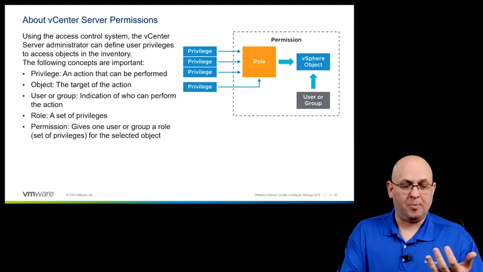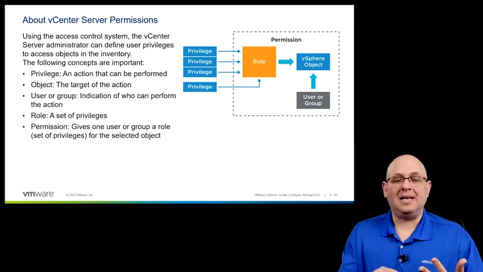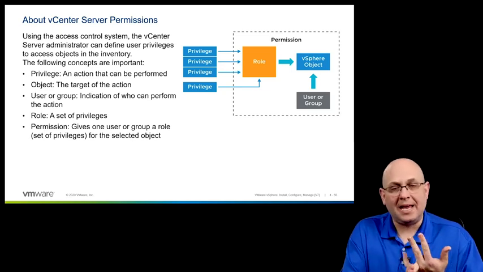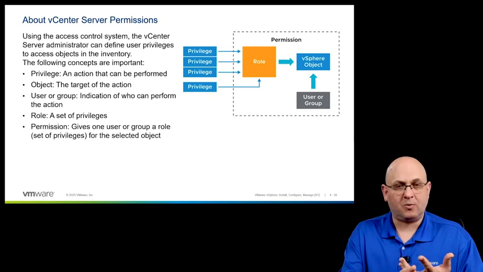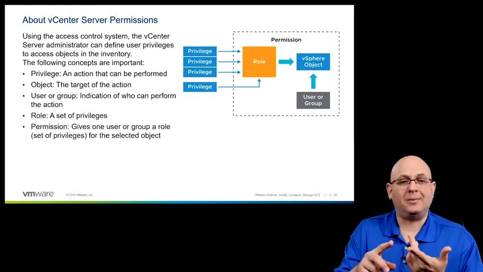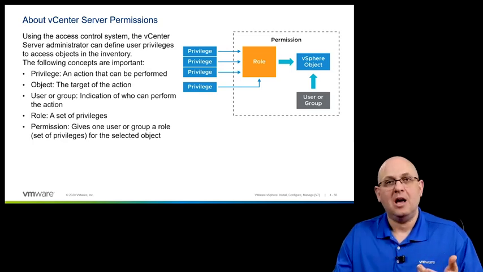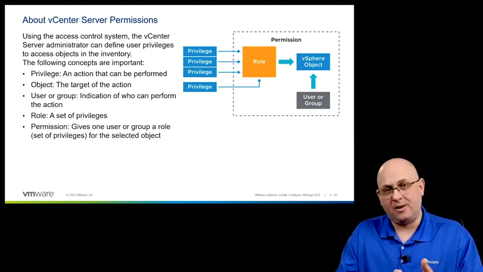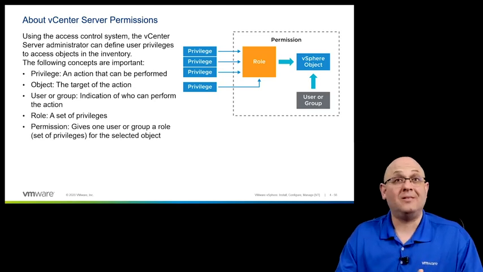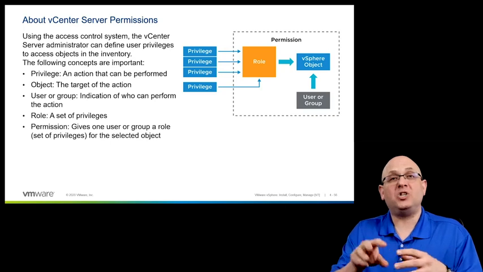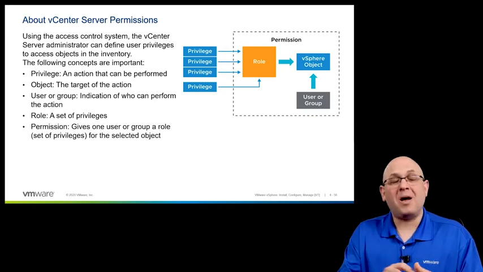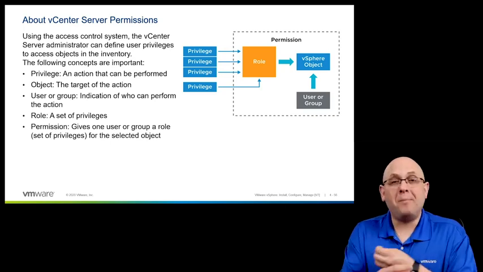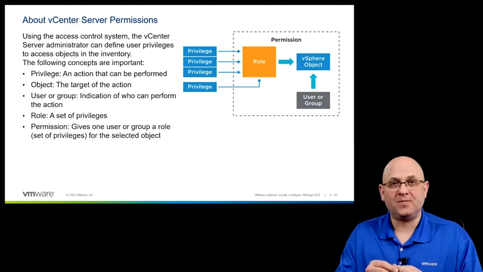Well, I need to be able to open a console to a VM. I need to be able to attach a virtual NIC to a network. I need to be able to write to a data store. I need to be able to edit the settings of a virtual machine. I need to be able to power on that virtual machine on a particular host or set of hosts, and so on, right? So that virtual machine creator might be a role that is a combination of privileges.